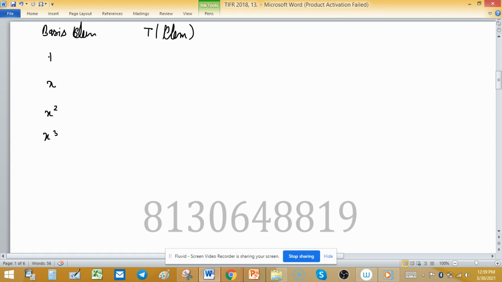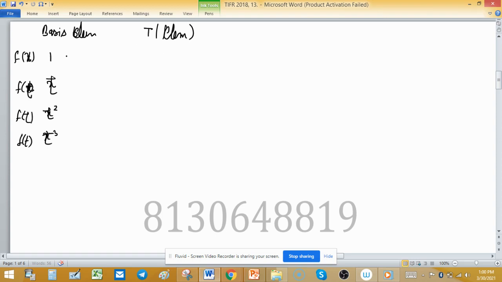If this is a basis element, then you can consider this as f(t). One by one we will consider these elements.